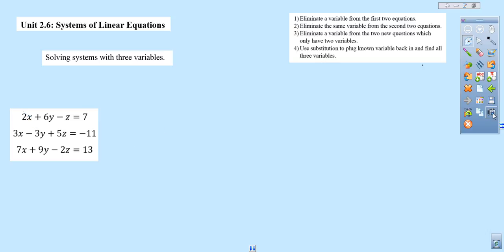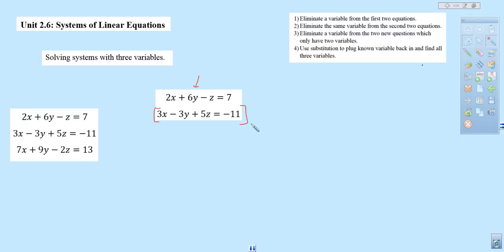Let me take a little snapshot to make my life a little easier instead of writing. We take those two guys right there, and we are going to say, okay, if I want to eliminate the y's, my goal is to get rid of the y's. What would I need to multiply this guy by so that I had a 6?